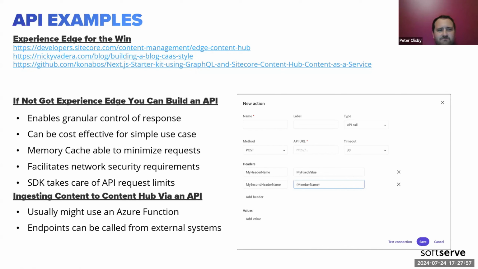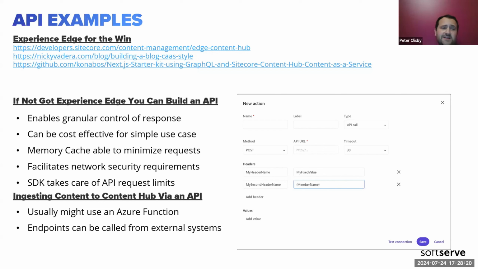But if you haven't got Experience Edge and you need that content to be exposed as an API, you can build your own, for example, a .NET Core API, and consume the Web Client SDK NuGet package, and effectively expose that content.